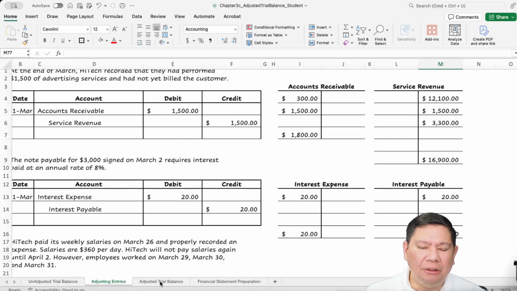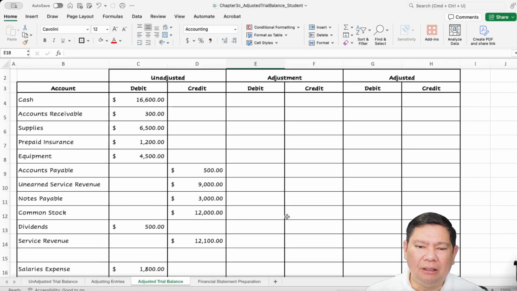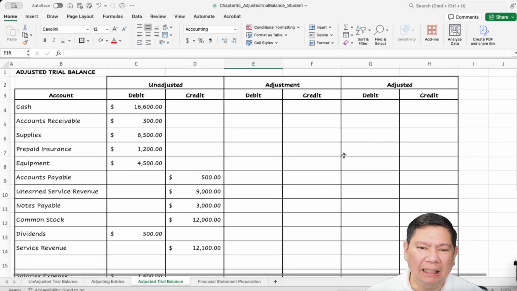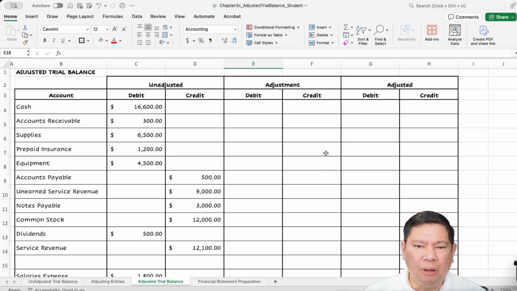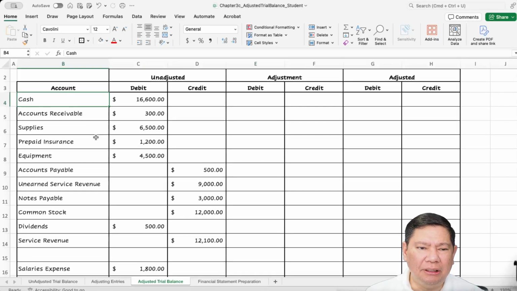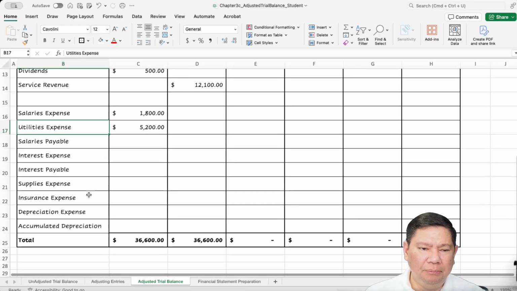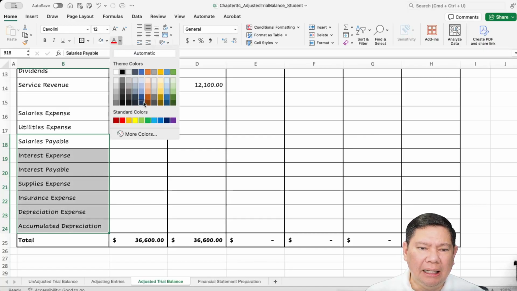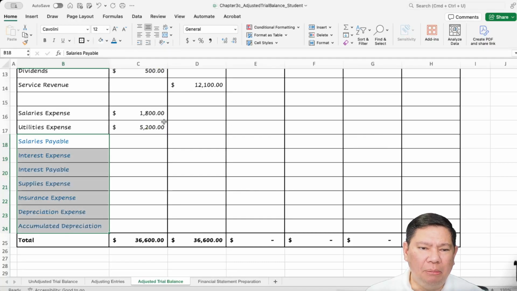But I would like to show you these 6 columns that we can use to prepare the adjusted trial balance. What I like with this is that it shows the original accounts that are used and the additional accounts coming from the adjustments. I'll put it in blue.